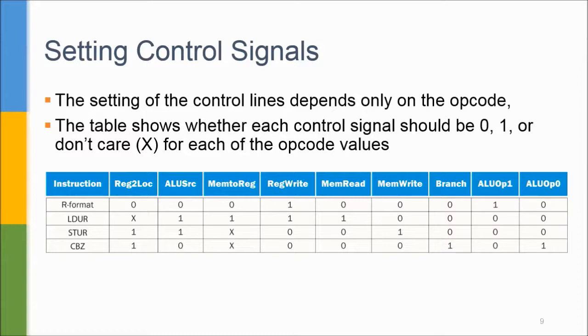This table defines how the control signals should be set for each opcode. This information follows from the previous figure, which is the simple data path with the control unit.